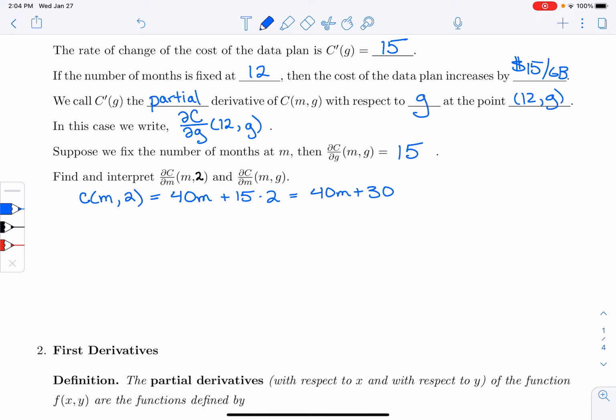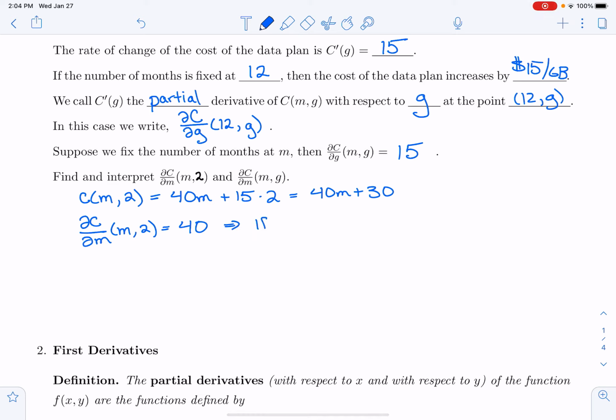So this is a single variable function. So if I want to take the derivative of C with respect to M, then I'm just going to take the derivative of this single variable function. This is going to be at (M, 2). And that's going to be just 40. Derivative of 40M is just 40. Now let's interpret what that means.